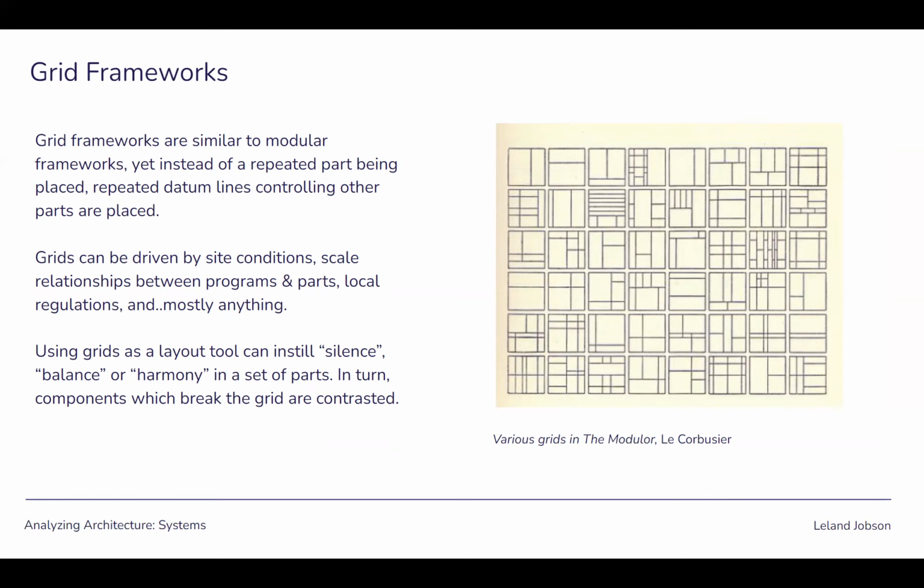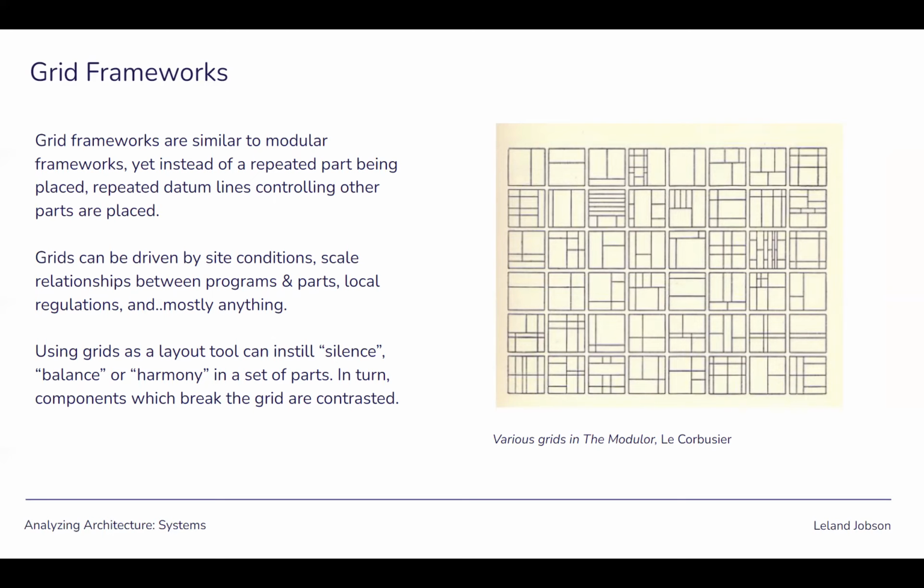driven by these kind of anthropological proportions, rather. So when things follow a grid, they tend to be silent, balanced, harmonious expressions. So when you lay things out in a grid, there's kind of a stasis.